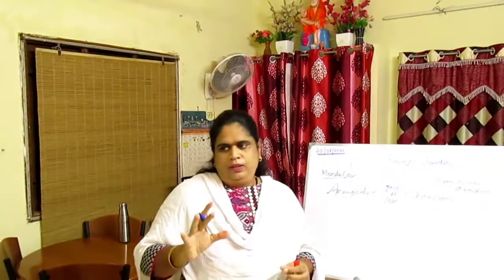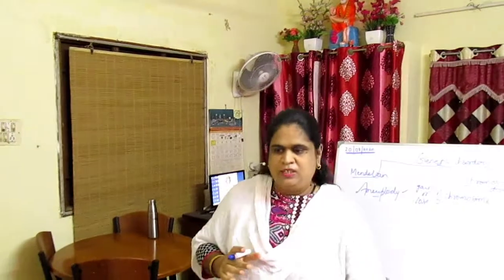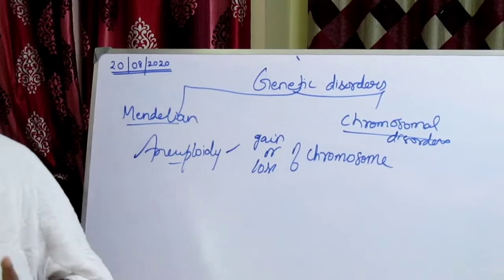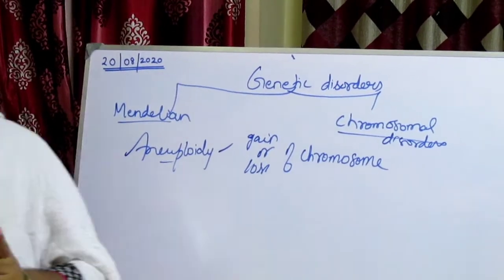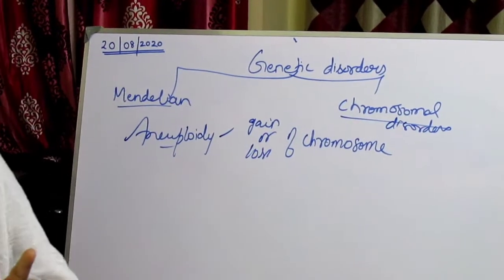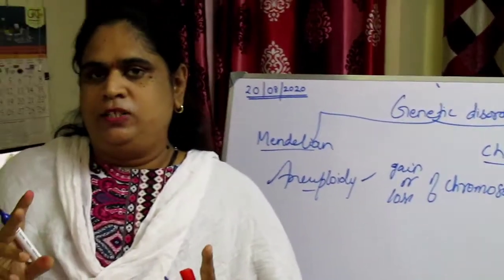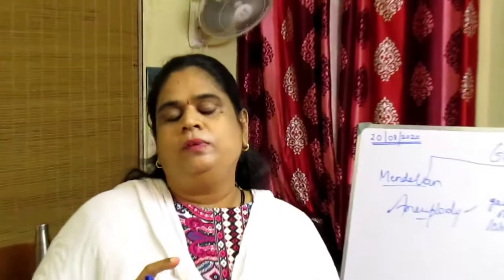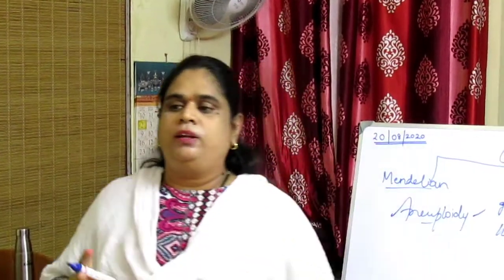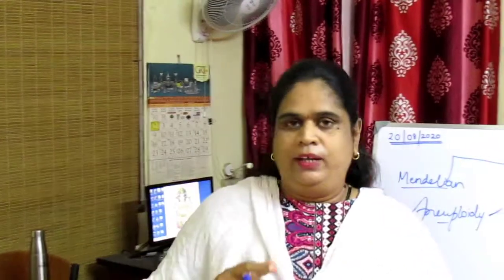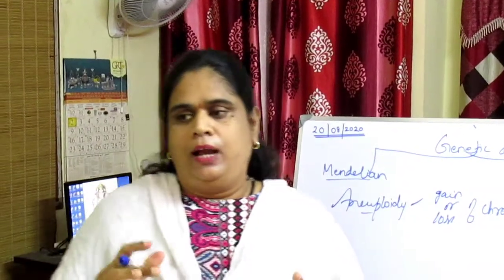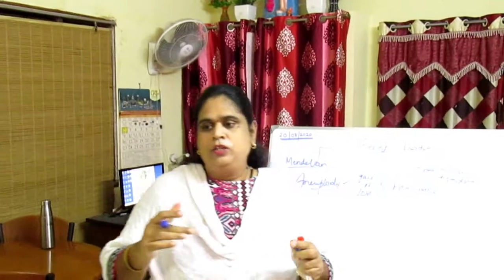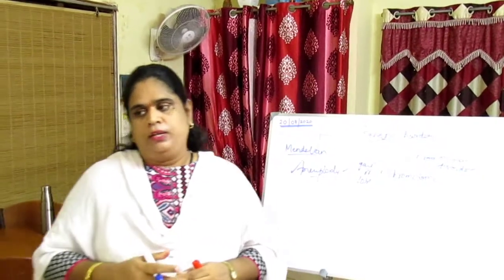Actually, what are chromosomes and what are chromatids? That is the difference you want to understand. A chromosome consists of a single double-stranded DNA molecule, whereas chromatids are two double-stranded DNA molecules joined together at the centromere.